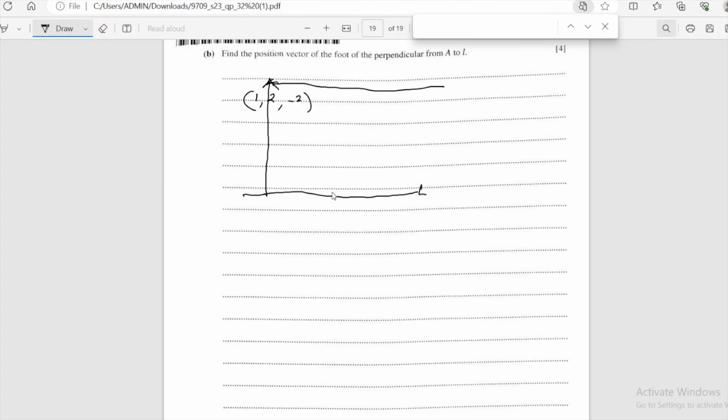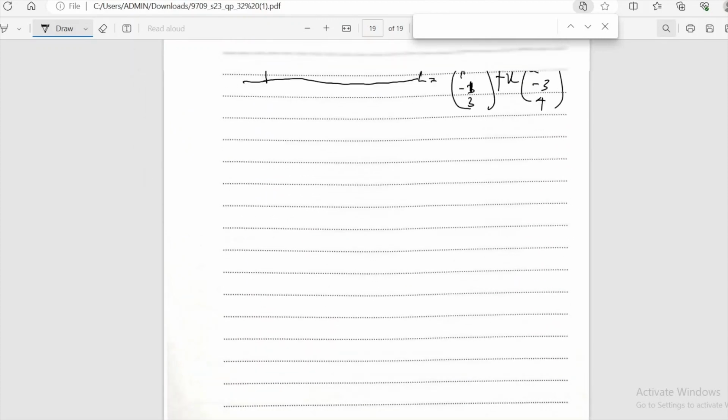And L has equation 1, minus 1, 3, plus mu, 2, minus 3, 4.